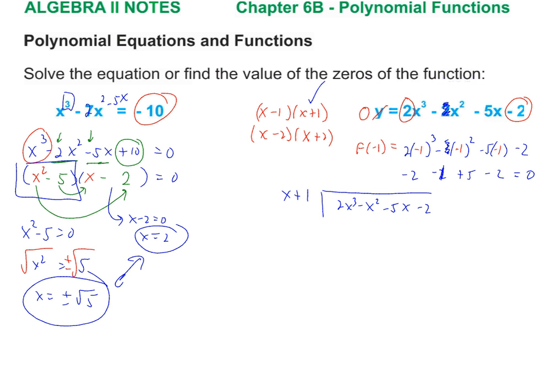All right, so again, front divided by front. 2x cubed divided by x, and that is a 2x squared. X times 2x squared, 2x cubed. 1 times 2x squared, 2x squared. Remember, I'm subtracting. Gives me a -3x squared. Bring down the -5x.